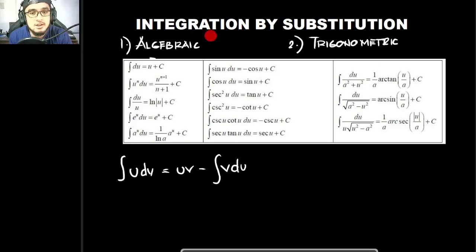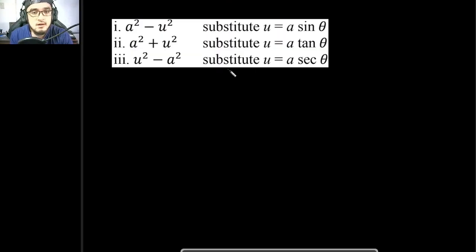Unlike in algebraic substitution, where you can just substitute any variable you want for any variable or function included in the integral equation. So let's have an example for this trigonometric substitution. But first, let's talk about the rules that I was talking about earlier.